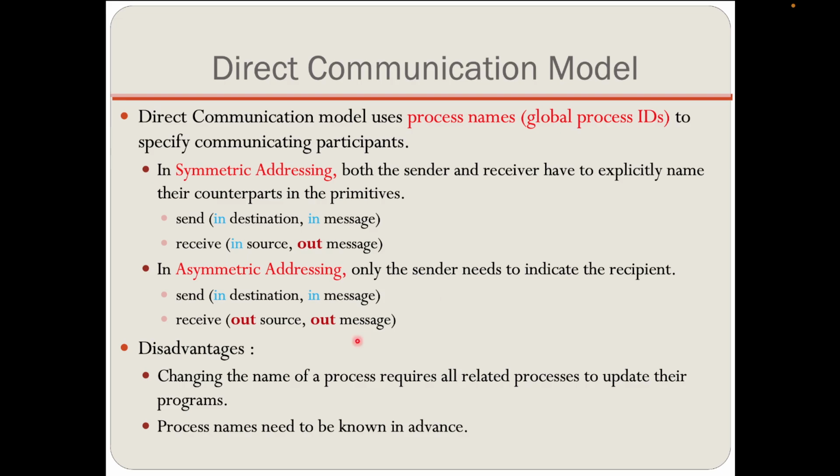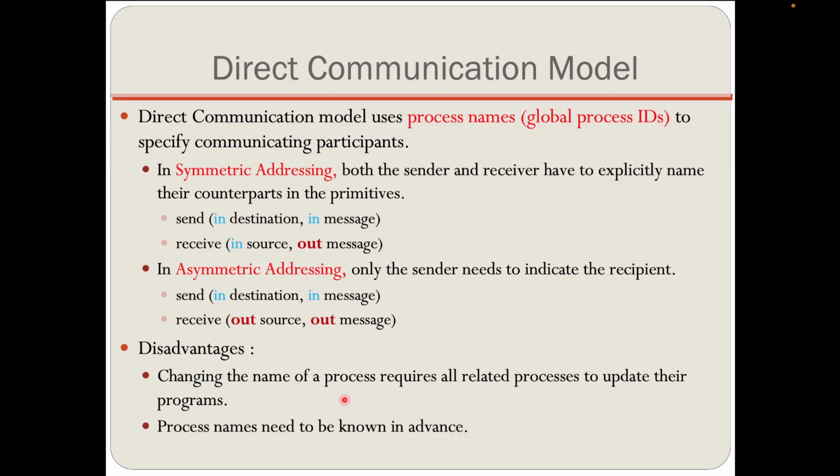The advantage of this model is that it is simple, because the communication is very straightforward, the mechanism is very easy, and the semantics are easy to understand. The disadvantage is that with this naming mechanism, if the name or ID of a process is changed, then all the related programs may need to be changed also.